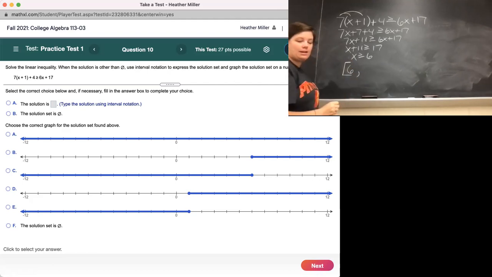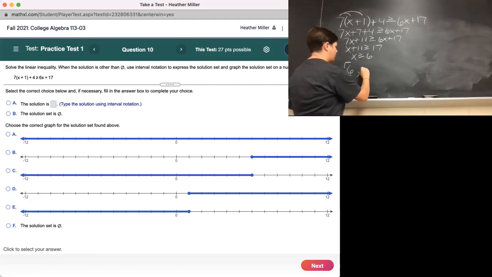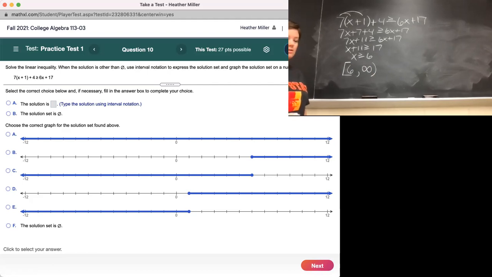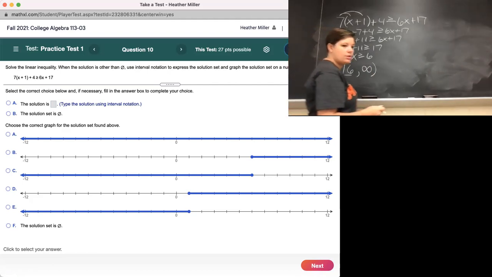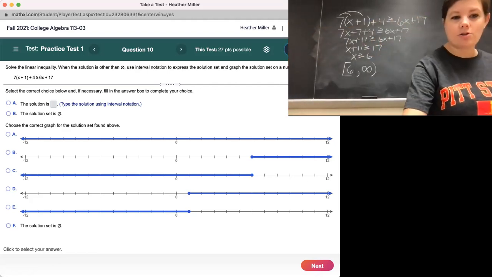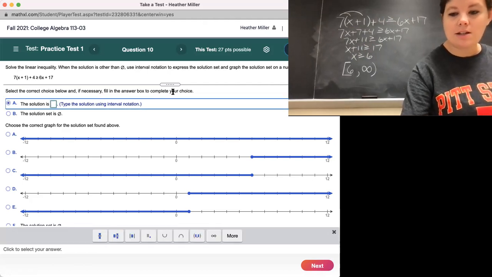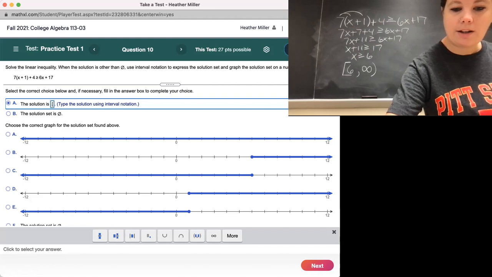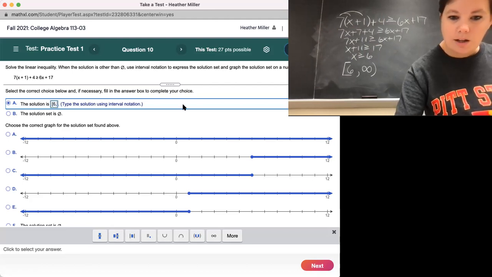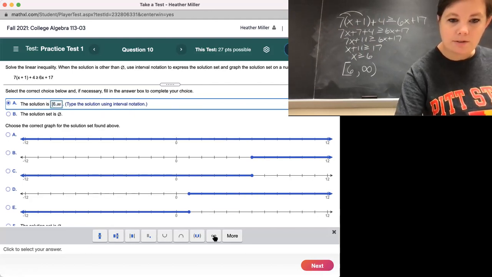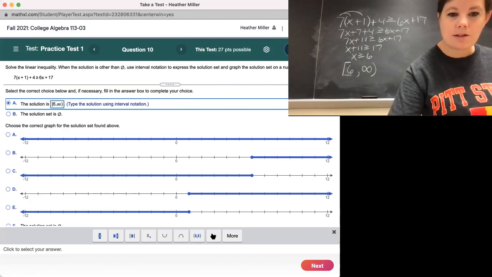And then how big can x be? Well, x is any number that's greater than or equal to 6, so it can go on for infinity. Remember, you always use a parenthesis when you are talking about infinity because you can never actually reach it. So that's what our solution set is. So we have bracket 6, comma, and then there's an infinity button and close with parenthesis.